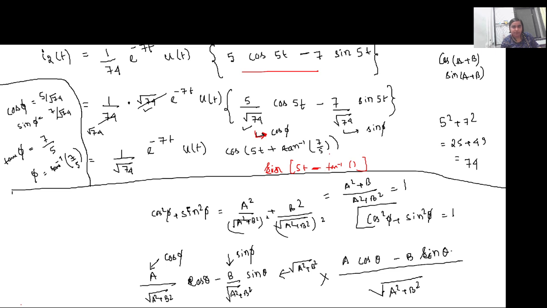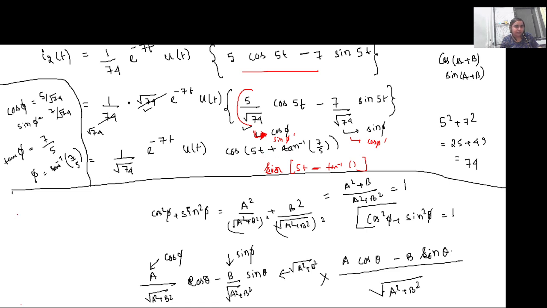Madam, can you explain that step once again? So here I have taken 5 by square root of 74 as cos of phi. Instead, if you take 5 by square root of 74 as sine of phi dash, and this one as cos of phi dash, then this will be sine of c into cos of d minus cos of c into sine of d. I wrote it in terms of cos because it is easier to write something plus theta.